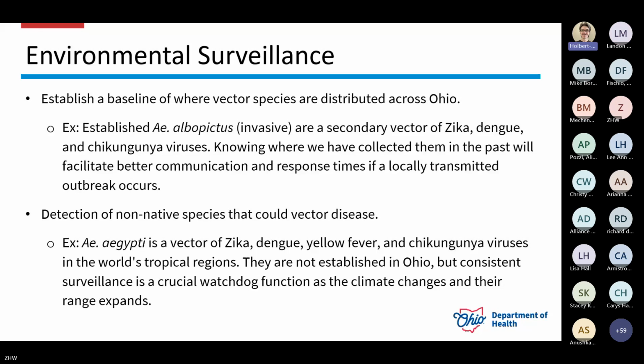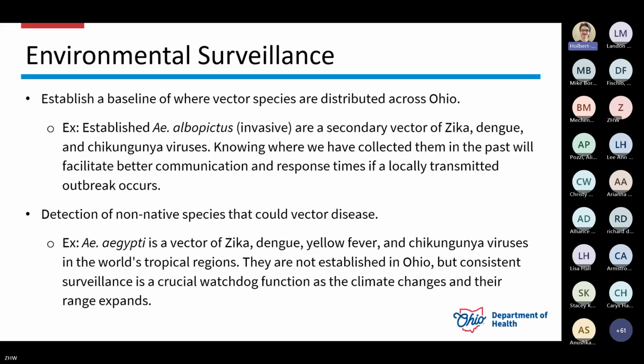And we also do this surveillance to help detect non-native species. For example, Aedes aegypti, a very famous mosquito from the tropics, is the primary vector of Zika, dengue, yellow fever, and chikungunya in the tropics. It's not established.